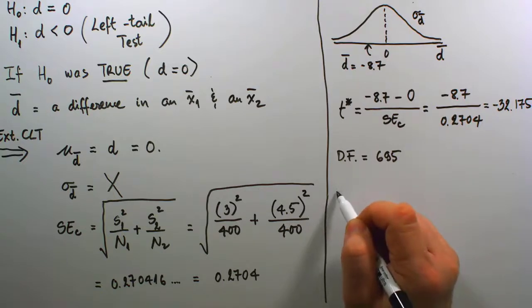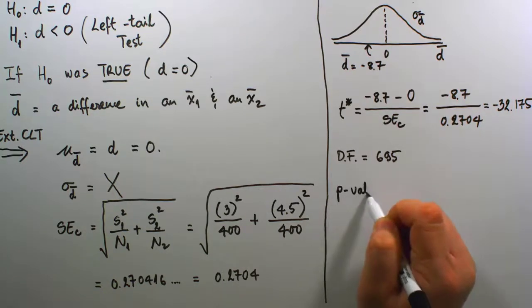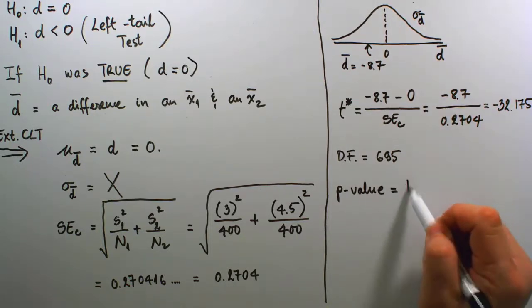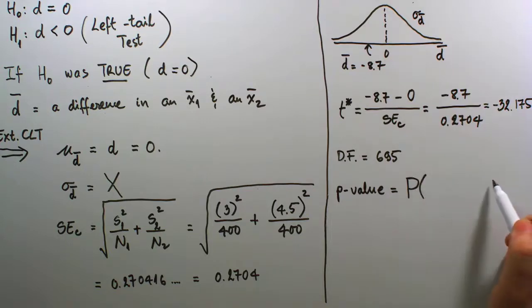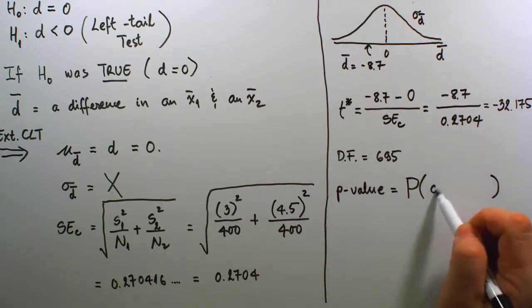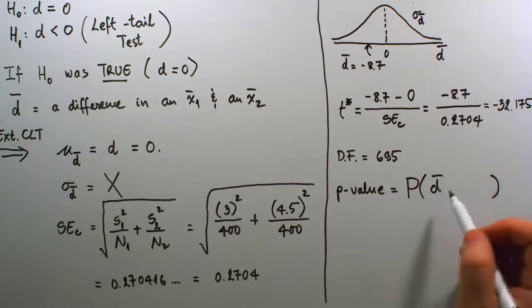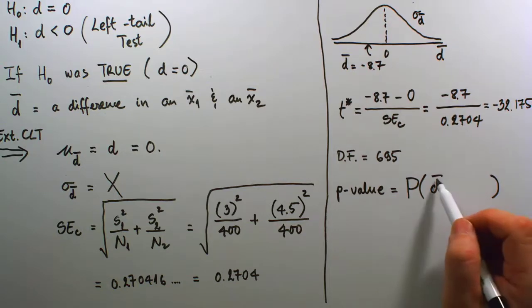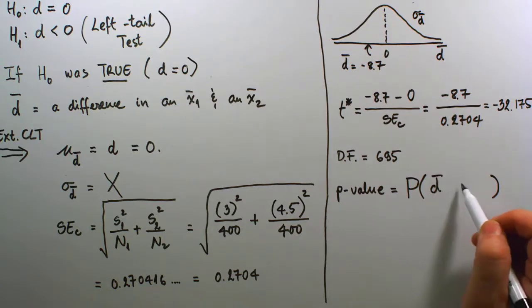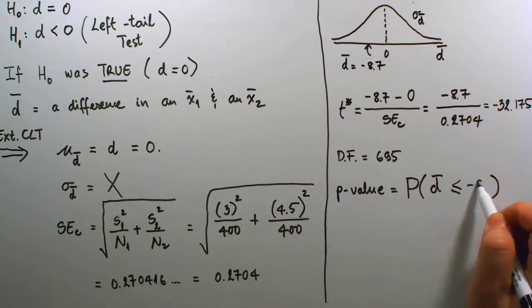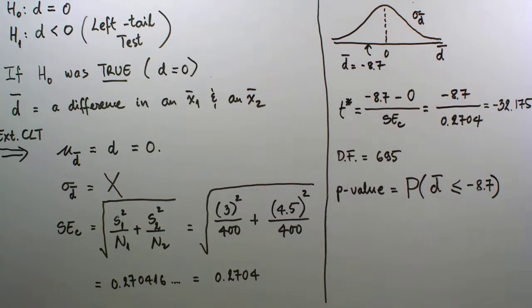And so we're calculating the p-value by firing up a probability calculation where I'm asking, among all D bar values out there, and now being a left tail, I am going to look for the probability that we find a D bar that is less than or equal to negative 8.7. And that's how we find the p-value for our difference in the samples.